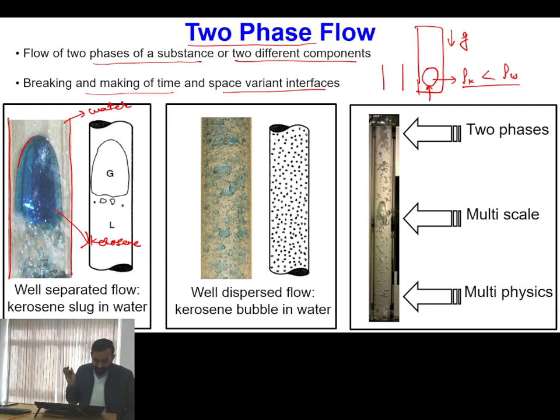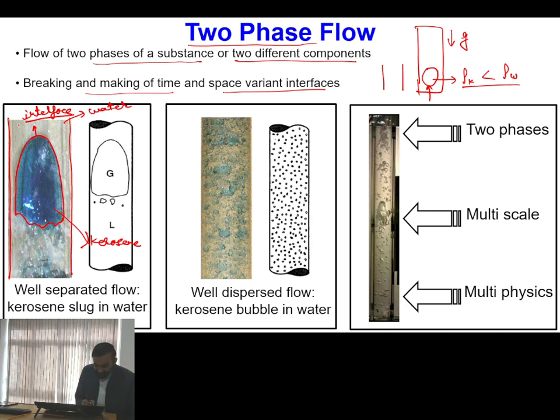Okay, so here, what can you see? You can see that in between the kerosene and water, you can clearly demarcate the boundary. So here the interface is clearly visible to us.